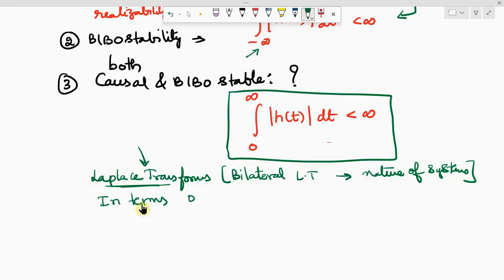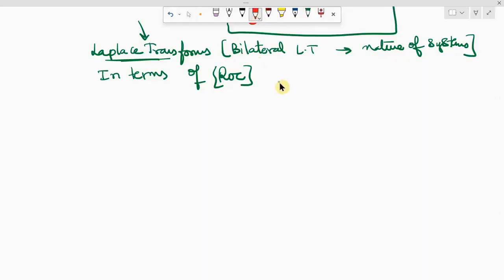It will be in terms of ROC. That means for a causal system, how the ROC should be; for a BIBO stable system, how the ROC should be; for both causality and stability, how the ROC should be. So we will be discussing the ROC of H of S.